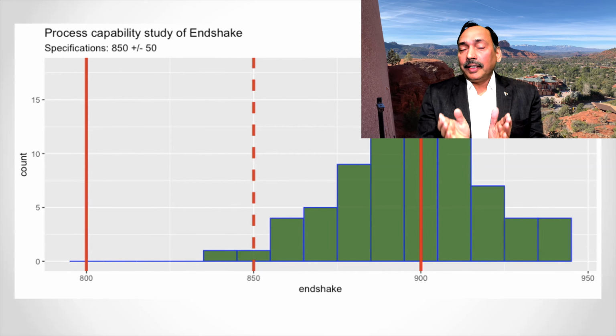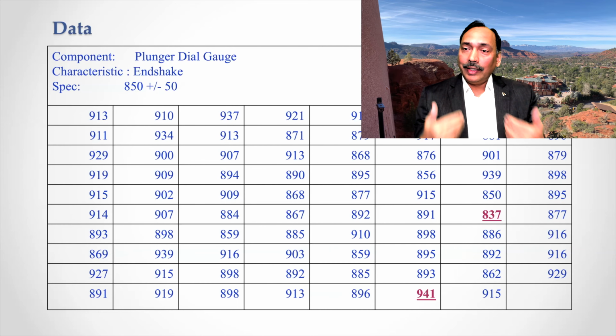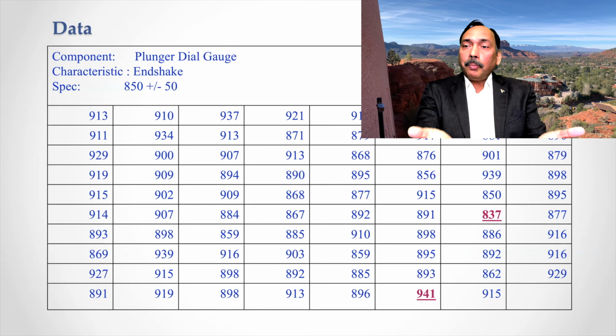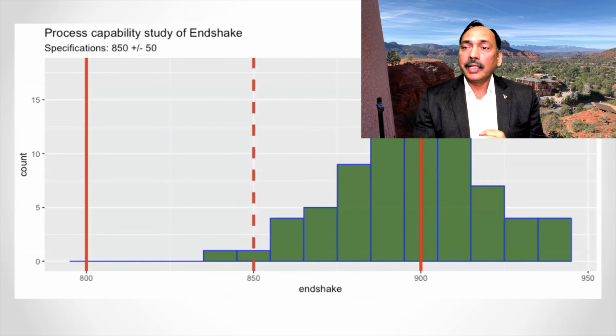Now you see, all those things that I was trying to tell and communicate are not possible by looking at this data. If I stare at this data for even 1 hour, 2 hours, I cannot extract so much information as I was able to do by making this simple chart, a histogram.